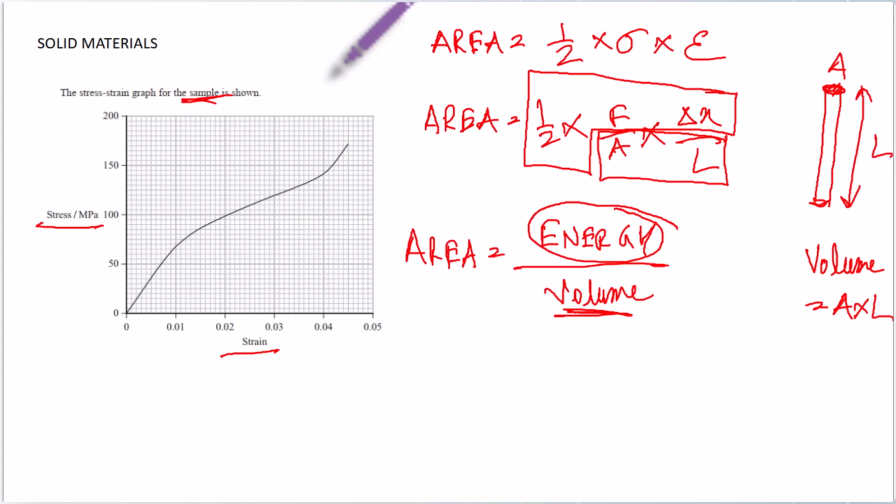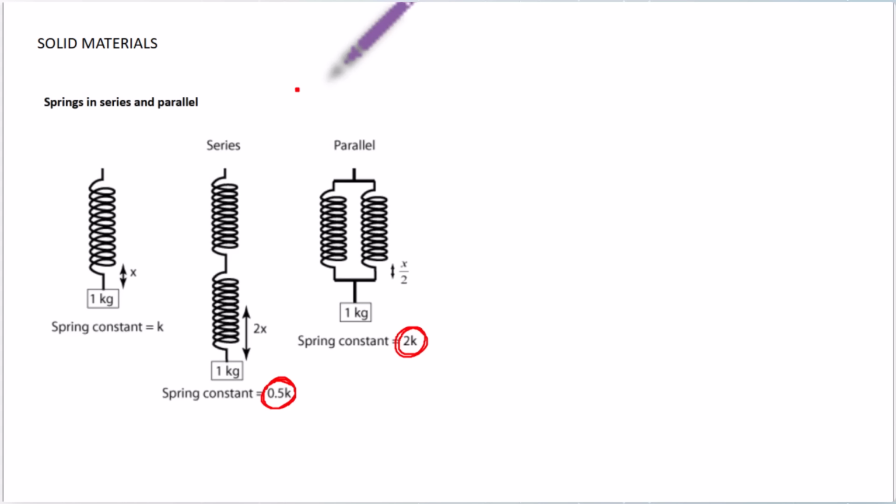One thing I forgot to mention, when it comes to springs, it doesn't have to be parallel or series. There are three equations that you have to remember for energy stored, or the work done in stretching a spring. One is E equals half Fx, the one we just saw.